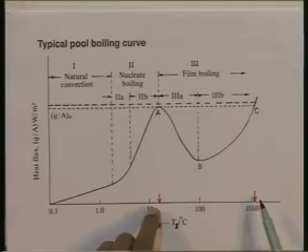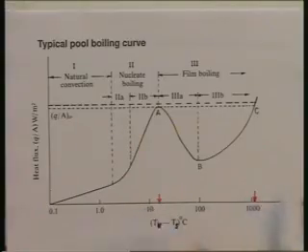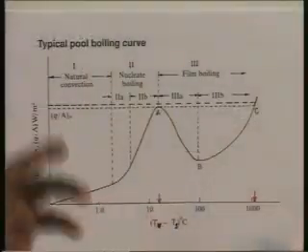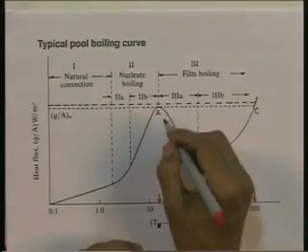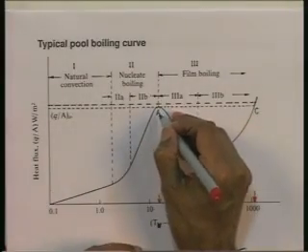Now, what are the implications? Suddenly, in order to supply that heat flux, the surface temperature has to rise from a value which is only about 20 degrees more than T s to a value which is probably a few hundred degrees or 1000 degrees more than T s. This could be dangerous. The surface temperature T w because of this high temperature may melt or may get damaged, and that is why we call this point the critical heat flux.